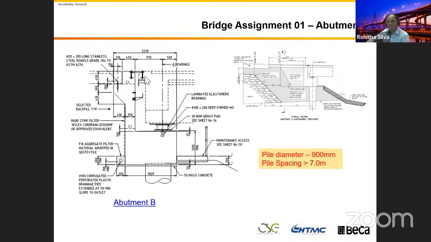Someone says, I want to make it economical. I want to reduce this by 100. I will save this much concrete here. It's not going to work. Because the most important thing is that this water needs to be collected and drained. Otherwise, every time it rains, everything will flood. This bearing will be underwater, soaked.